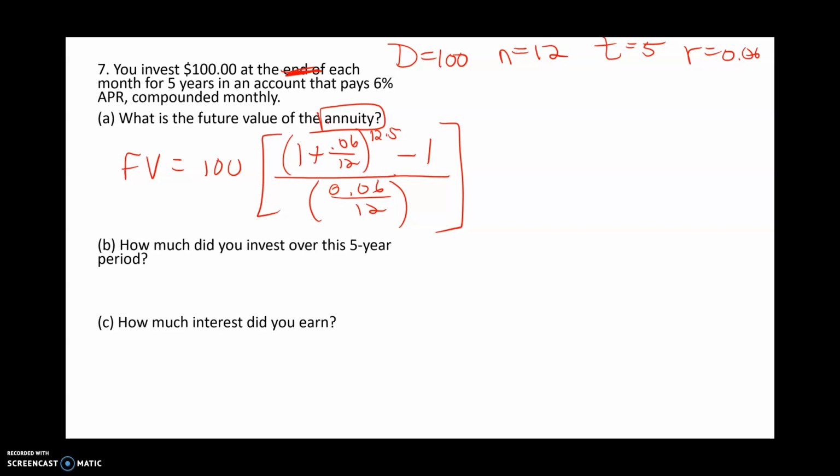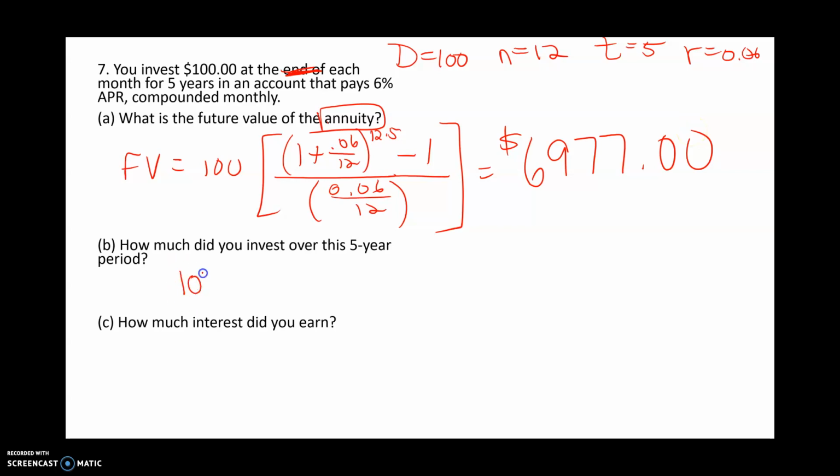Where you need parentheses is very important. So the future value of the annuity is $6,977.00.